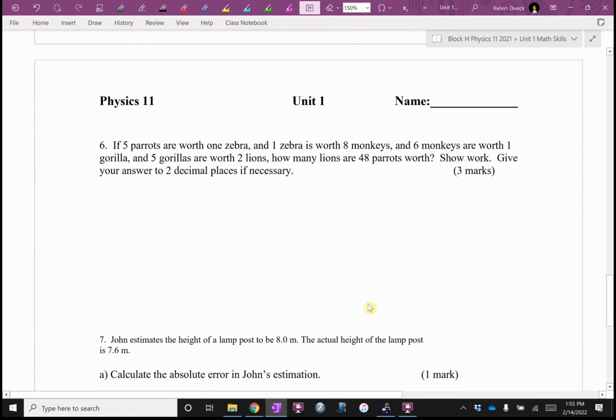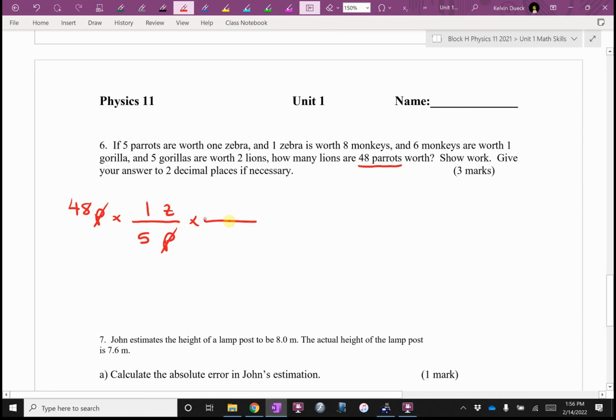Ooh, number 6. There will be a long chain for you to try and deal with on the test. So here's what I noticed. Write down what they gave me. And what they gave me is 48 parrots. Then I said, well, I can get rid of parrots because apparently 5 parrots are 1 zebra.